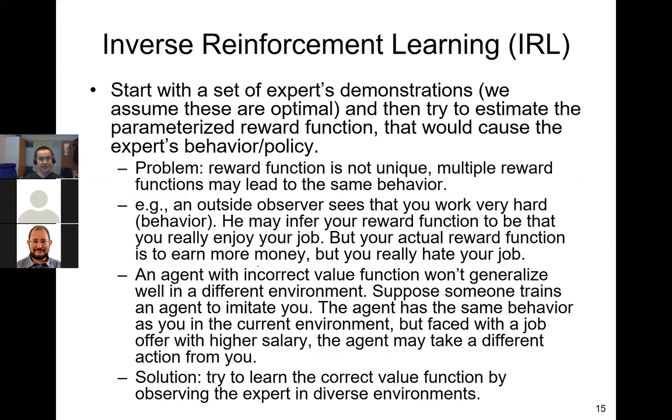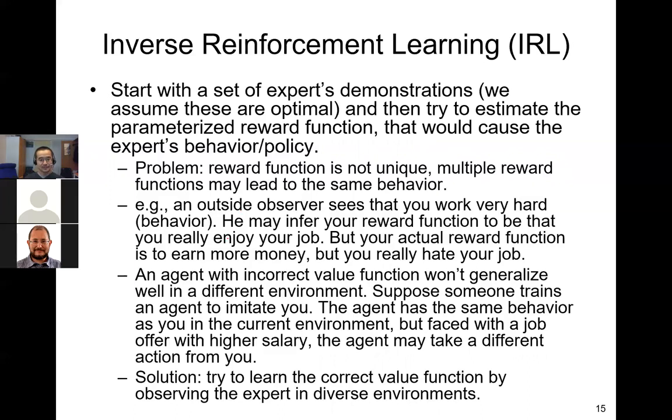For example, an outside observer sees that you work very hard, that's your behavior. He may infer your reward function to be that you really enjoy your job, but your actual reward function is to earn more money, and you really hate your job. The outside observer has no way to know that. You may ask, does it matter, as long as it predicts the correct behavior of working hard?